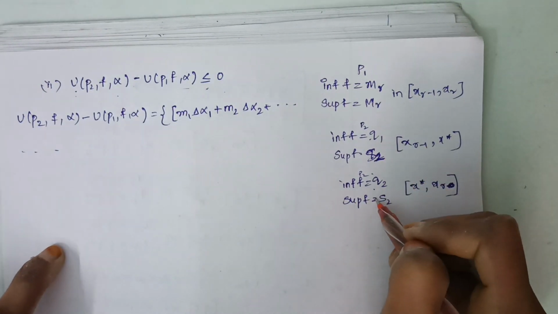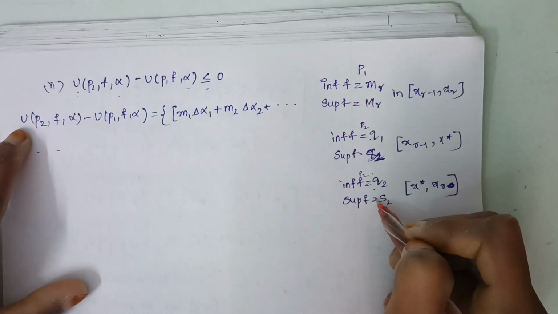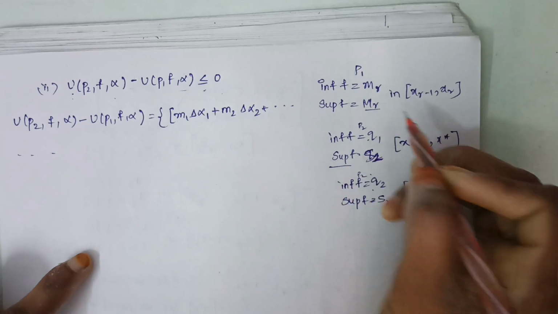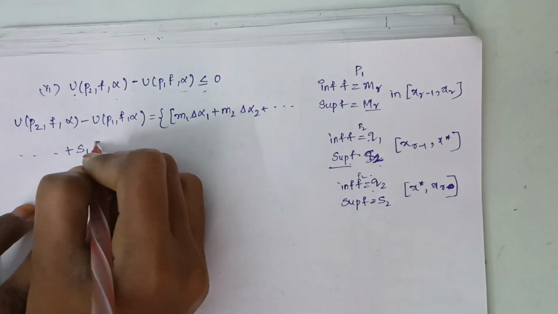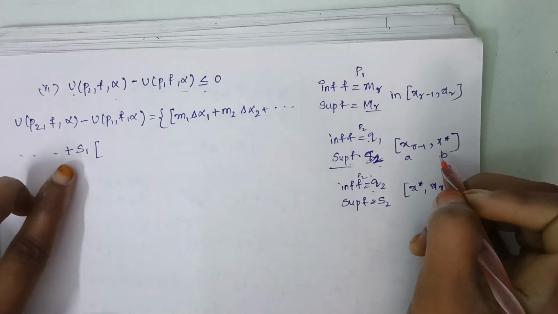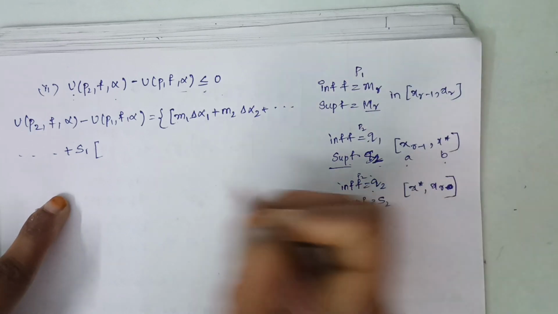So we get the upper RS sum, capital MR, which is nothing but the supremum, capital MR supremum, plus S1, and this is A and this is B, which is nothing but S1 into alpha B minus alpha A.